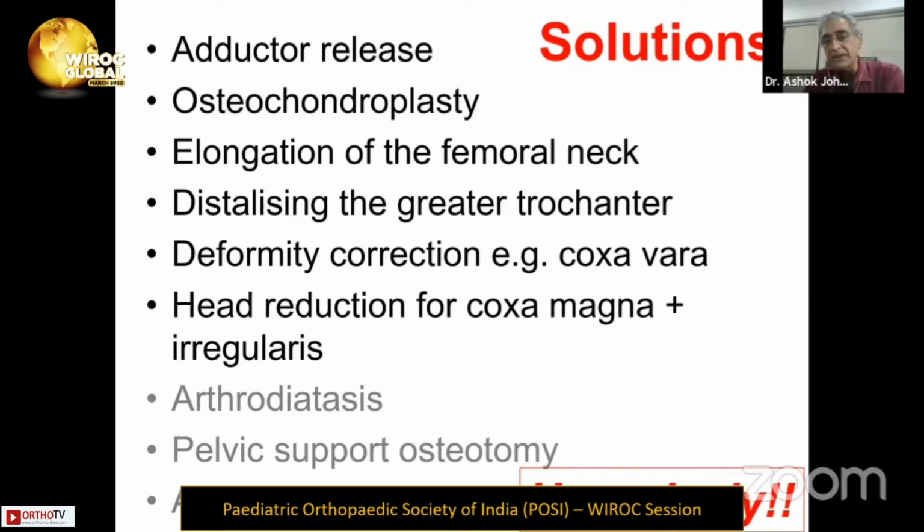Deformity correction, for example coxa vara or coxa valga, can be corrected. Head reduction for a coxa magna or irregularis. Where you have stiffness, one can do arthrodiatasis. There is an option of a pelvic support osteotomy or an arthrodesis also in these cases. We have so many options, we need to use them wisely.